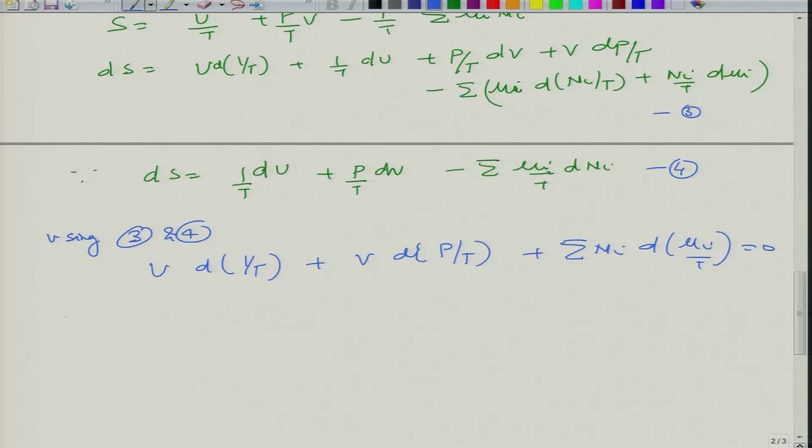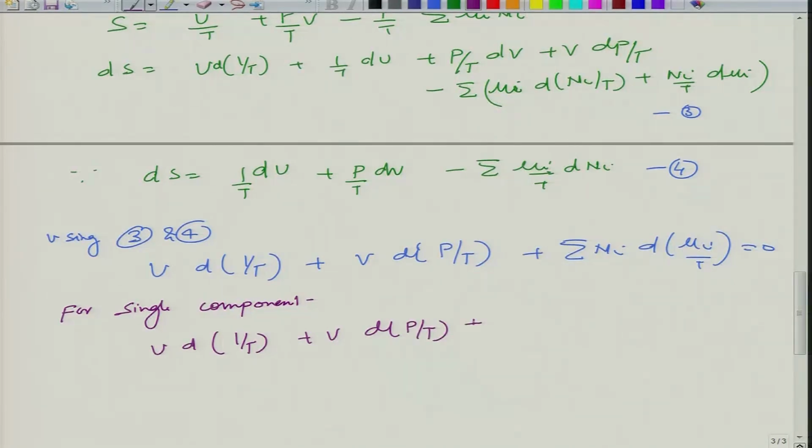Now, if you consider a single component, this would be your U d(1/T) plus V d(P/T). There should be a negative sign here: minus n d(mu/T).